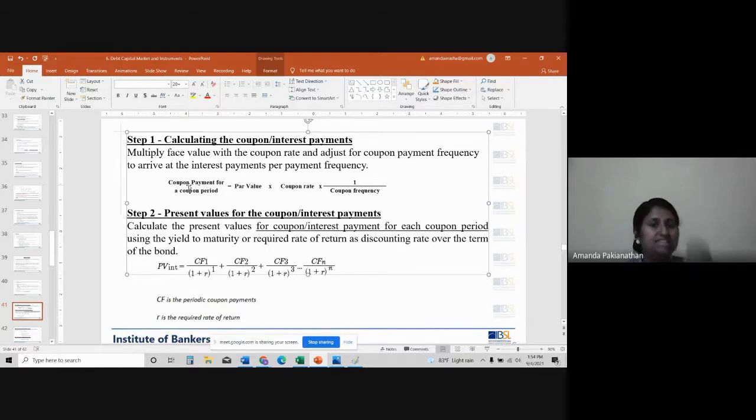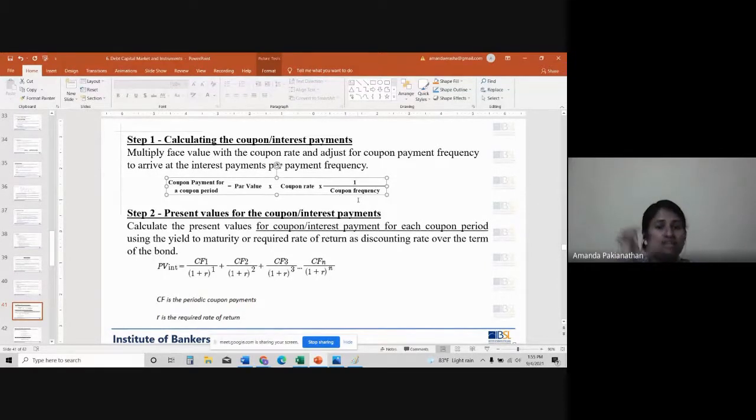Now let's say interest payment is happening monthly. Then I need to know what is the coupon amount I will get for a month. If I simply multiply face value into coupon rate, I will get coupon for a year. So the answer that you get here has to be divided by the coupon frequency. If the payment is happening monthly, then the frequency is 12.